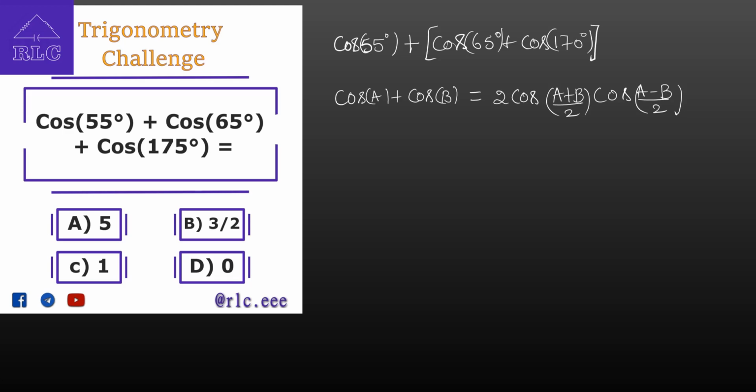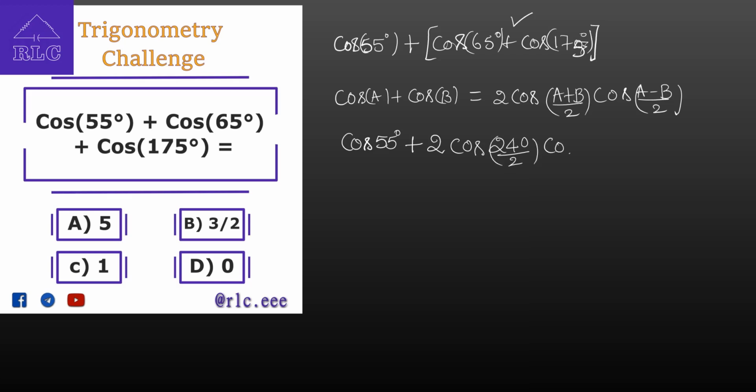With this relation we are going to solve this. For this combination I am selecting cos 55 degrees plus, if you apply this formula, what happens? 2 cos A plus B, so 65 degrees plus 175 degrees is how much? 240 degrees by 2.